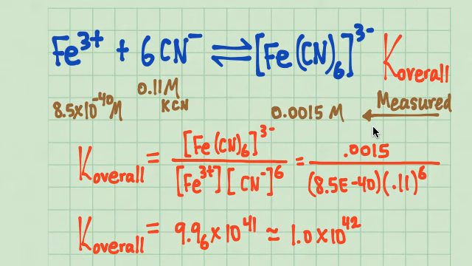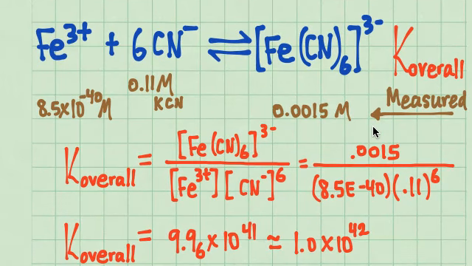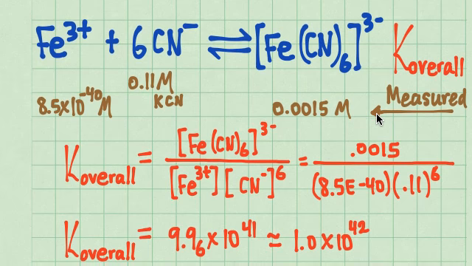Let's say I had cyanide ion from potassium cyanide at 0.11 molar. That's kind of a large amount. That's kind of fixed. Very, very small amount of iron, resulting in a fairly small amount of iron cyanide complex in the water. So I measured it.